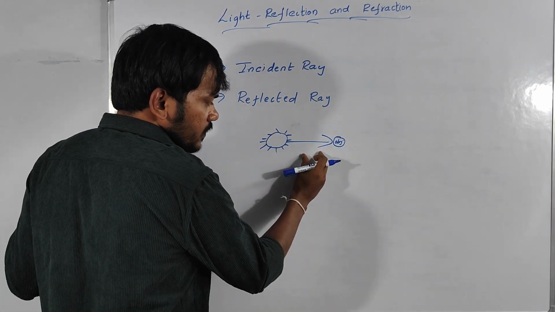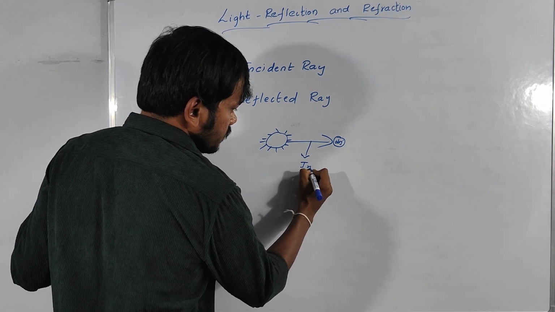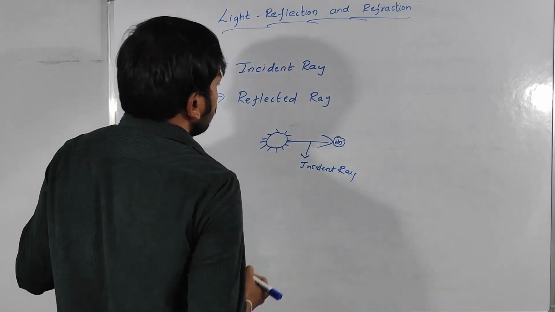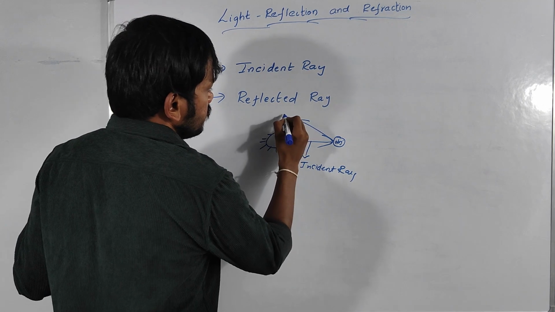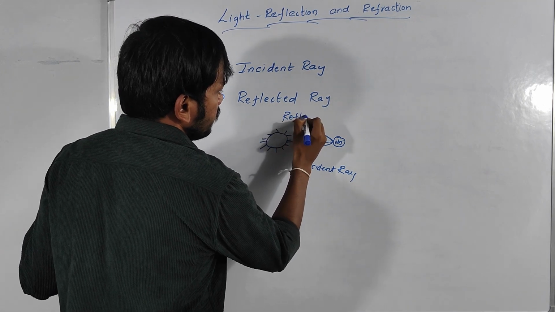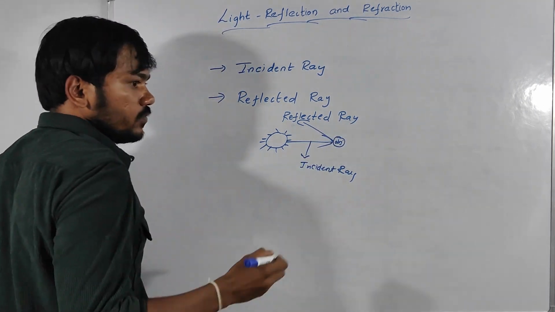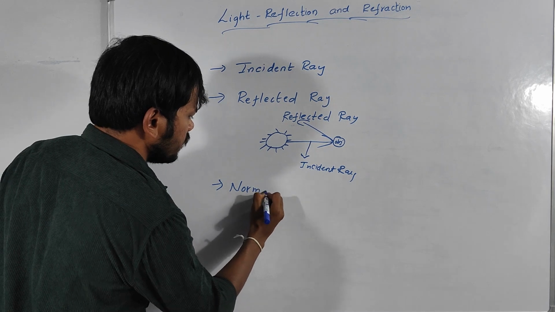This type of ray is said to be the incident ray. And the one which reflects from this object is said to be the reflected ray. And we do have another one. What is that? The normal ray. Why is it normal?